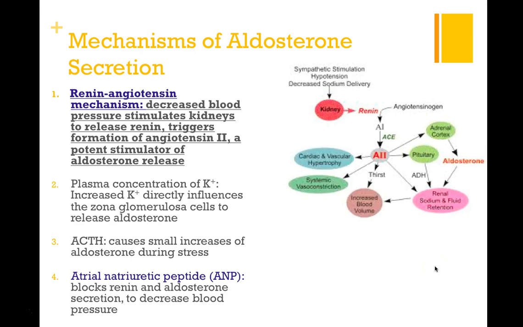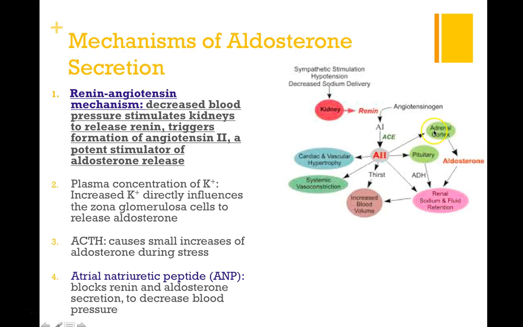So let's look at that renin-angiotensin-aldosterone mechanism. We discussed this within our respiratory system, so let's run through it again. This mechanism is going to be stimulated when we have a decrease in blood pressure.